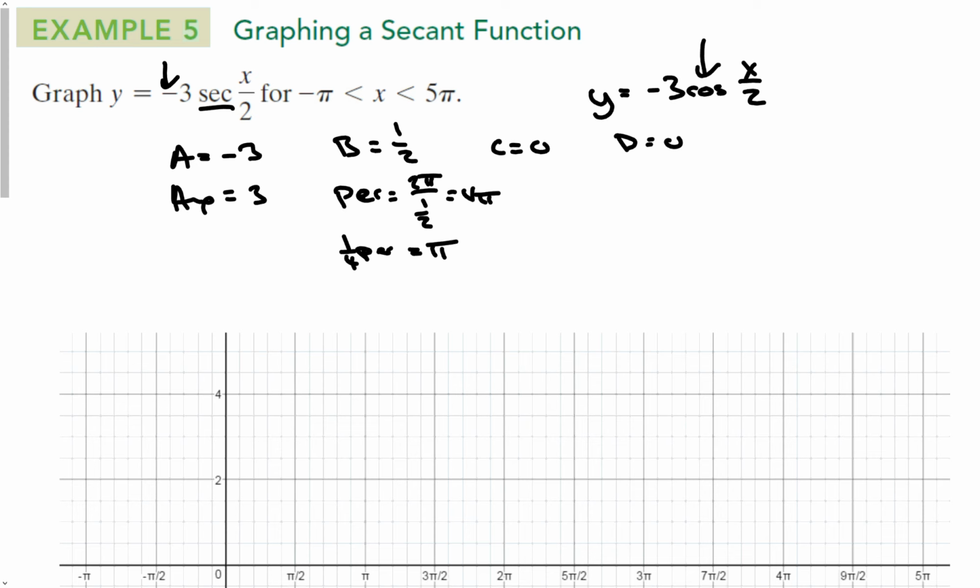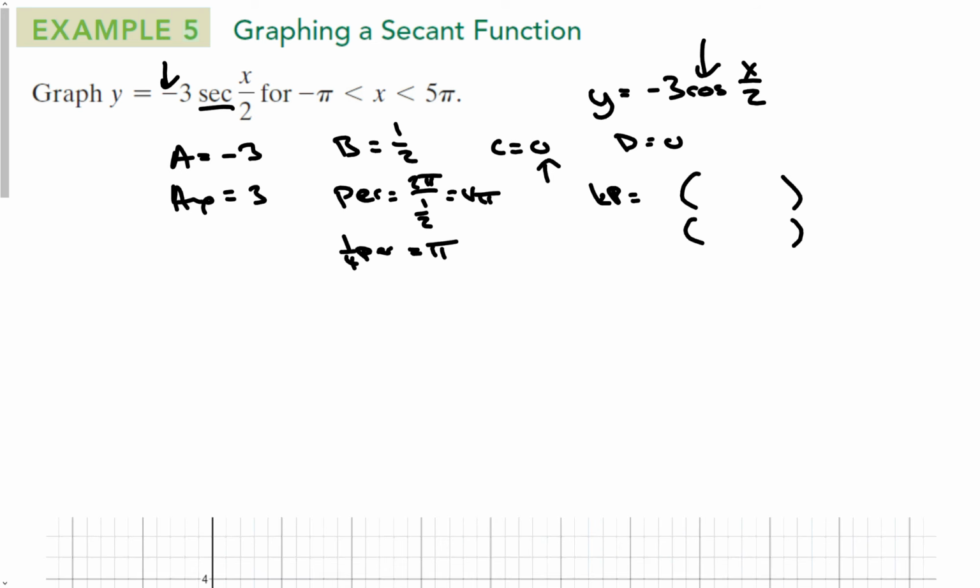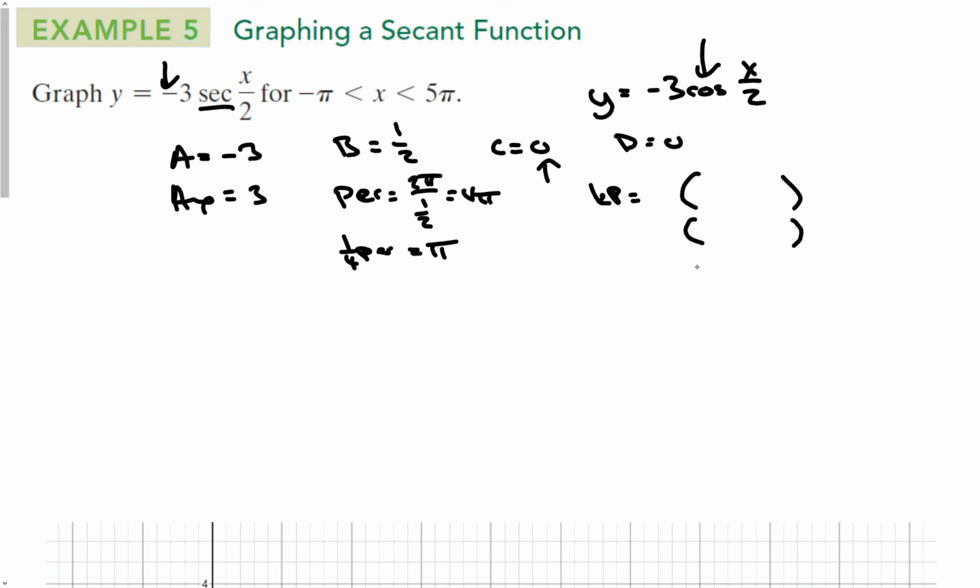Okay. The function starts at the phase shift. The phase shift is 0. So the key points are 1, 2, 3, 4, 5.